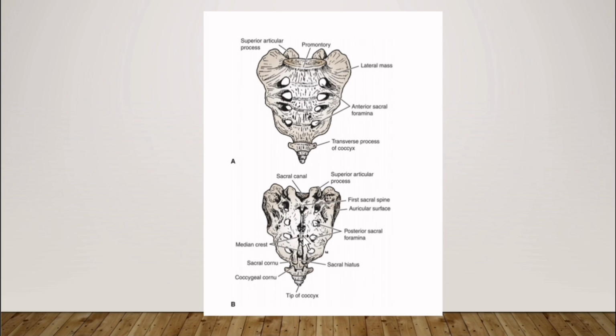Then can you see between the fourth and the fifth sacral vertebra, there can be a space in the sacral canal. So this is called the sacral hiatus. It's where we don't have fusion between the fourth and the fifth sacral vertebra. It is very important because this is where we can put our anesthetics during surgeries.